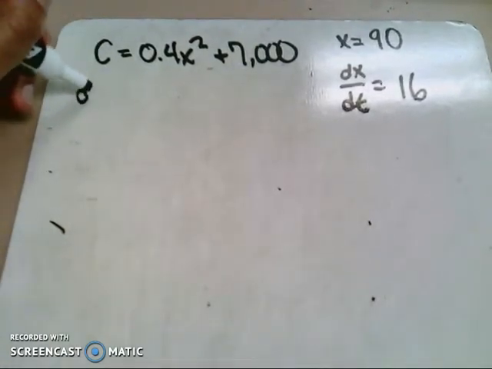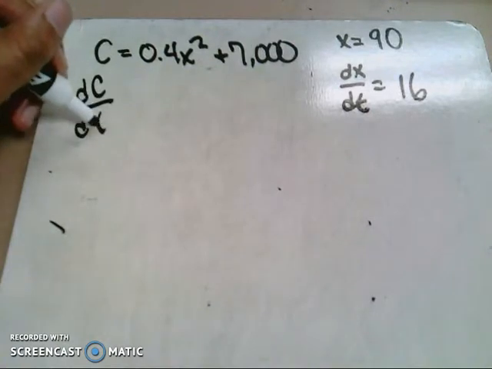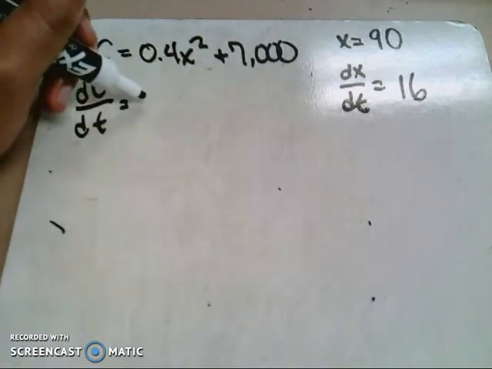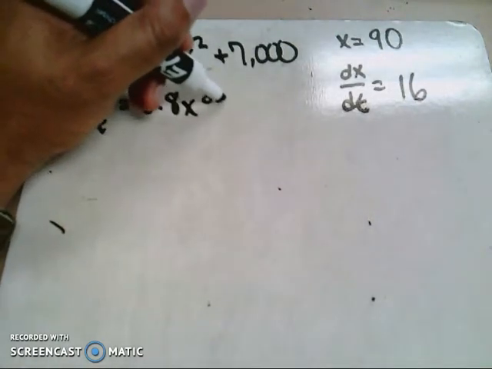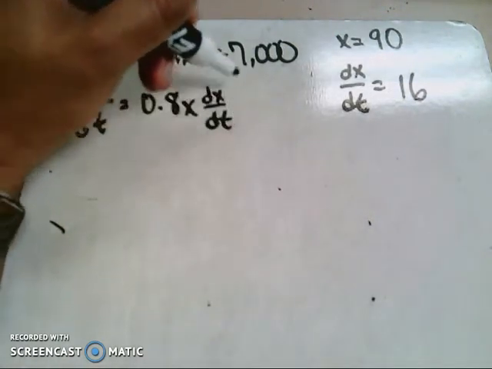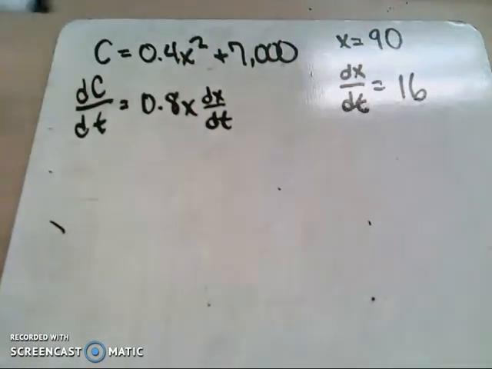So dc with respect to time is going to equal 0.8x dx/dt, and because 7,000 is a constant, we're done here.